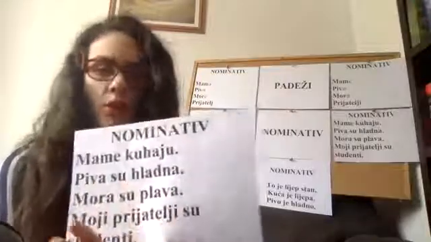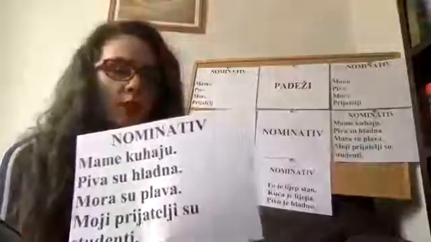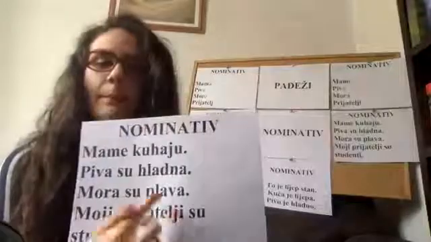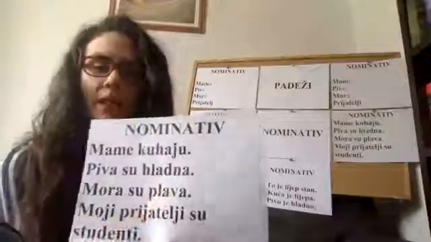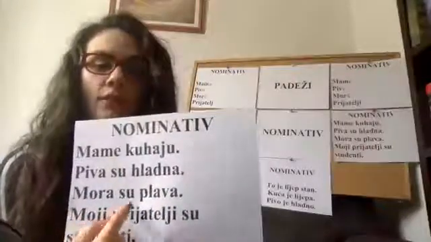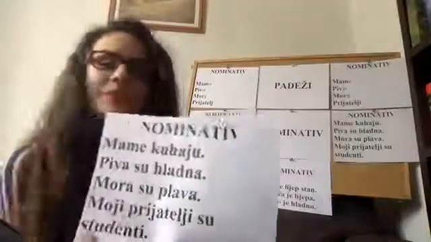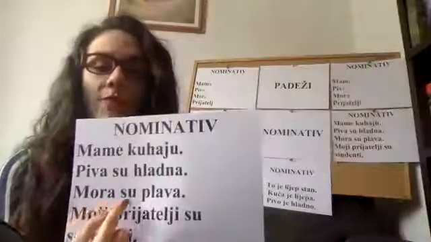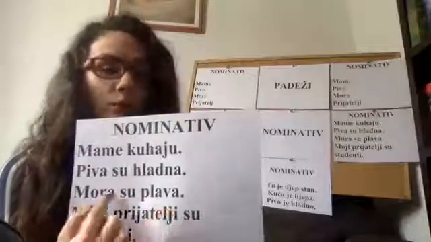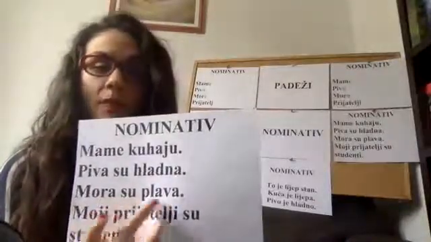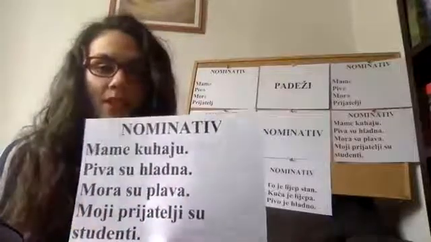Now there is no confusion with o or e, everything is a. Piva su hladna. Mora su plava. Seas, like in plural sea. Mora su plava, seas are blue. Again, su plava. Same thing.